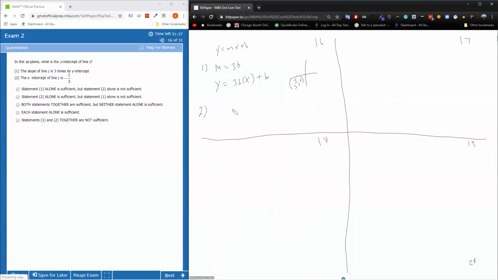So now looking at them together, we got 0 is equal to 3b times negative 1/3 plus b, which is 0. So we got 0 equals 0. Not helpful.